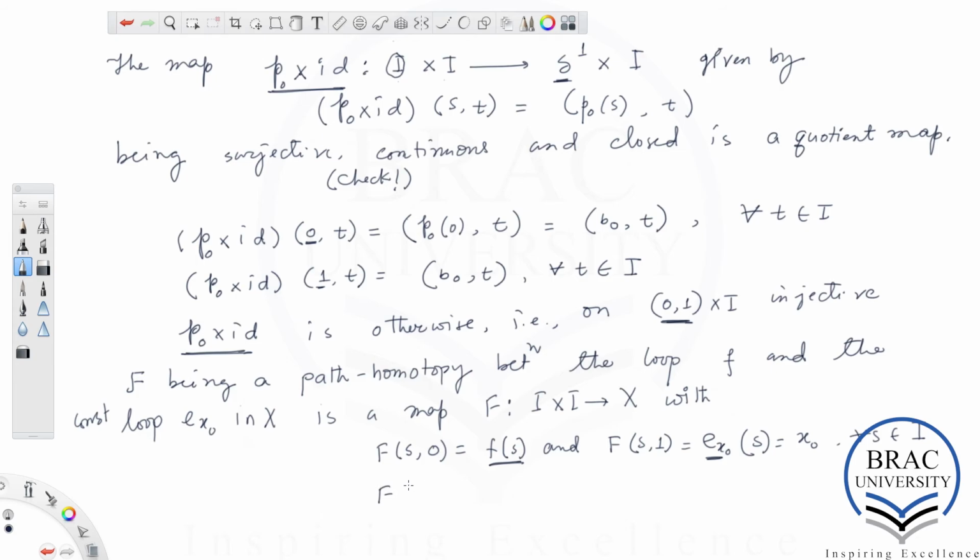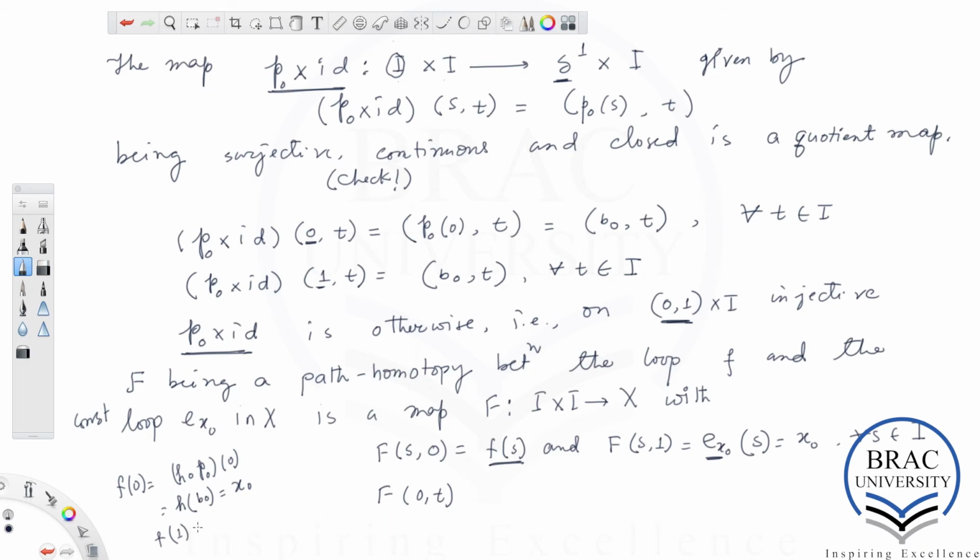Okay, and they both start, well, F of 0, comma t. What is F of 0? F is H composed with P0, right? H composed with P0 at 0 is H of B0, and we know that H of B0 is equal to x0.